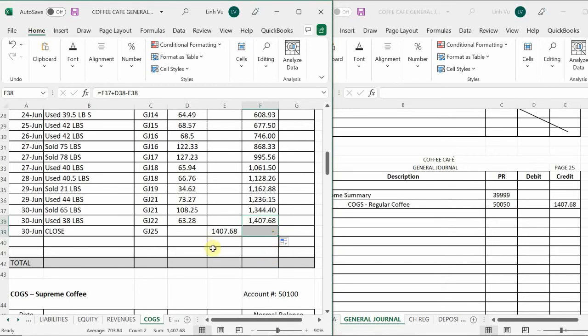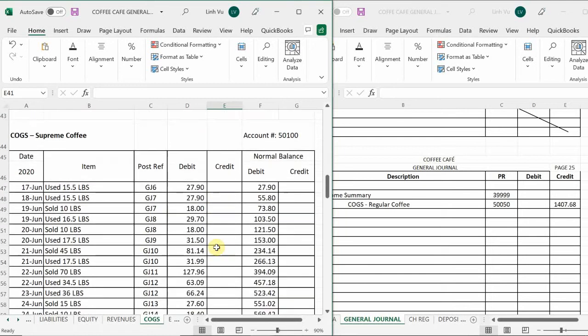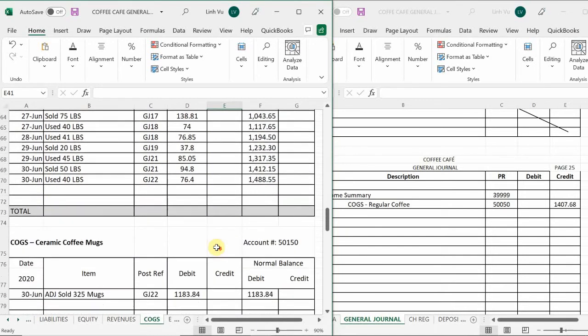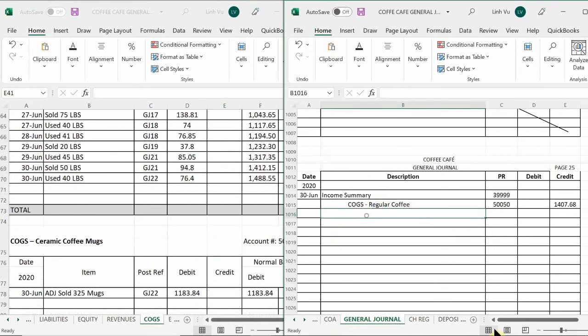Next account here is cost of goods sold for the Supreme coffee, for the total amount of $1488.55.